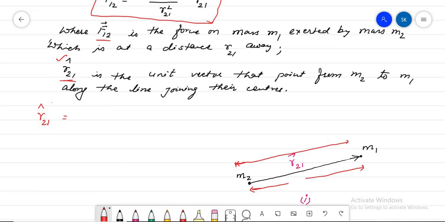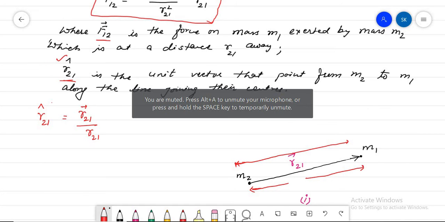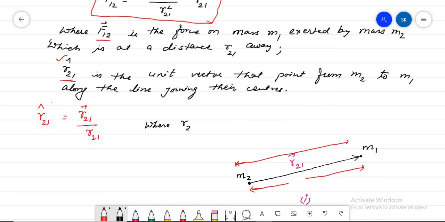What is R21 cap? So R21 cap is R21 vector upon the magnitude of R21. What is R21? I am writing here also R21, where R21, with the vector sign above it, is the displacement vector. This one is the displacement vector, and this one is represented in figure 1 as I showed here.